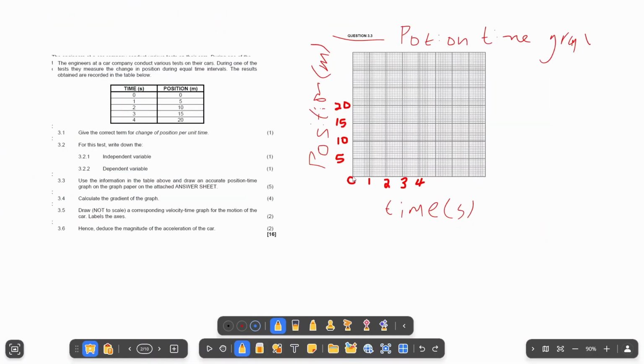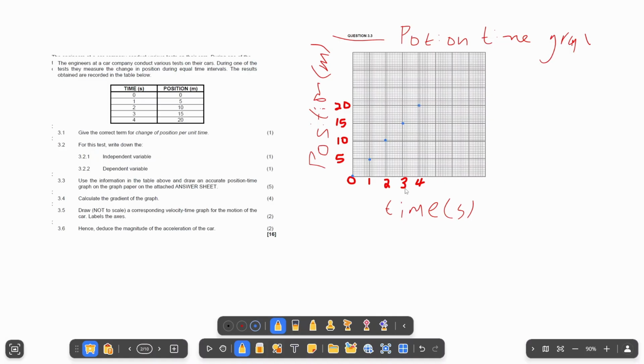I'm going to mark that point, and then 1 and 5 is that point there, 2 and 10 that point, 3 and 15 is that point, and this is my 4 and 20, that point.